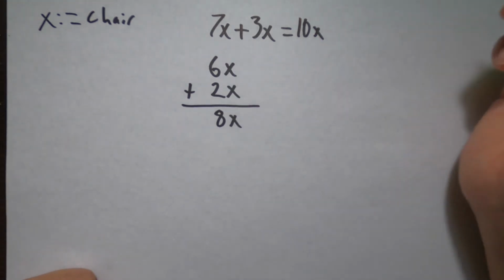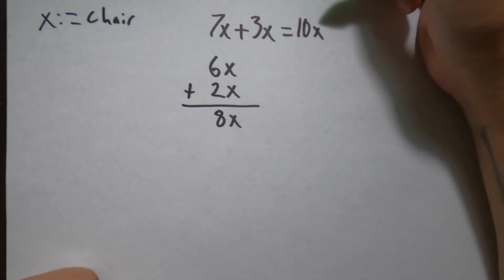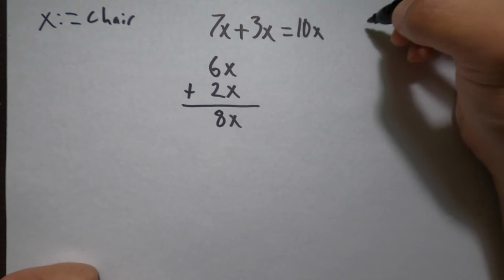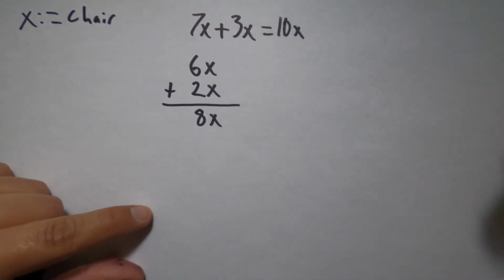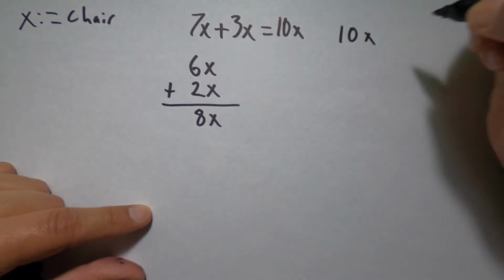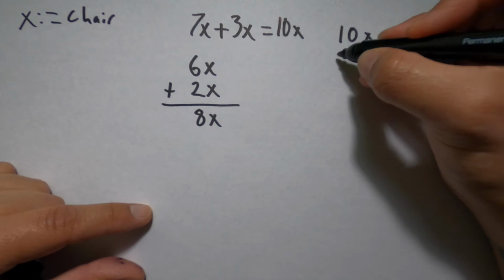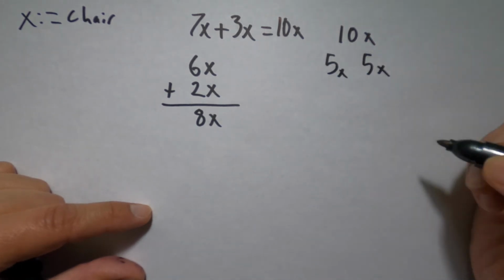Now, there are many ways you can decompose a number. This isn't always going to be the case to decompose 10. What we can also do is write down something like 10 chairs decomposed to 5 chairs and 5 chairs.